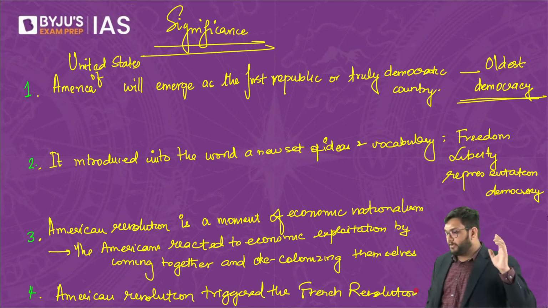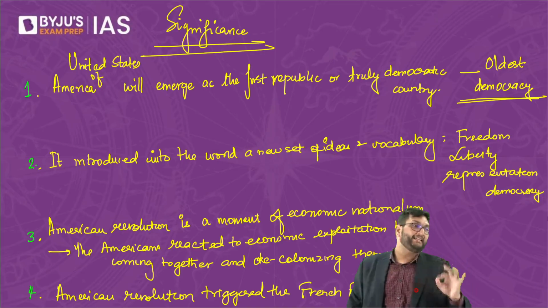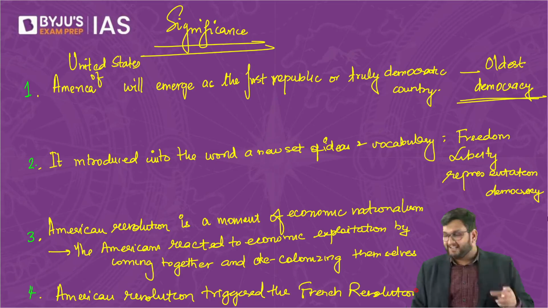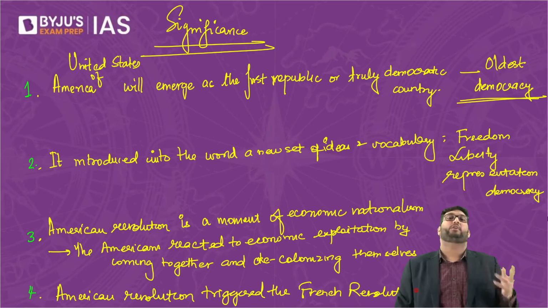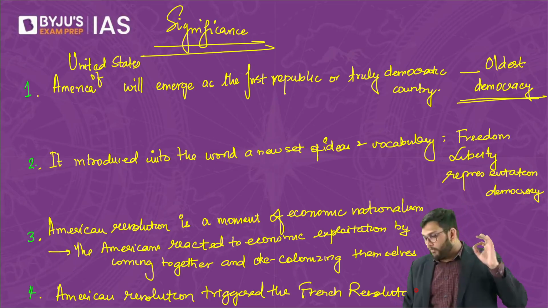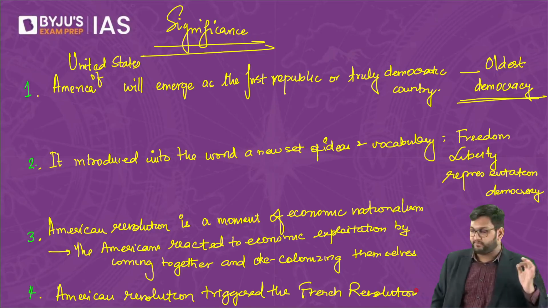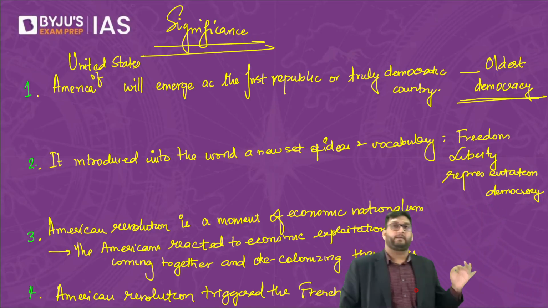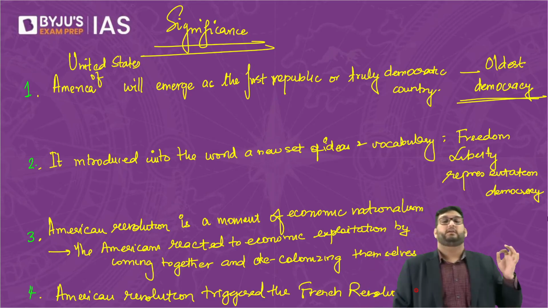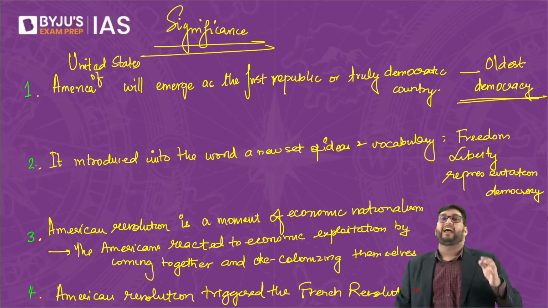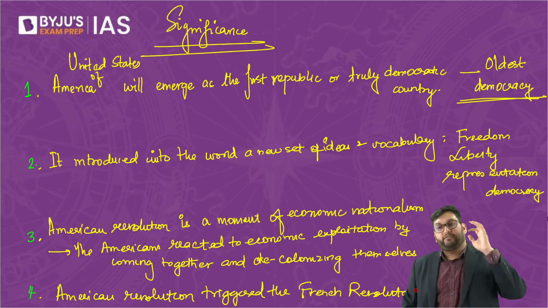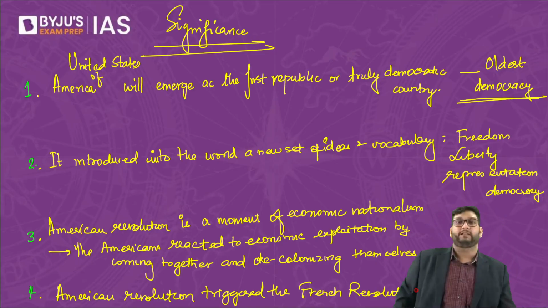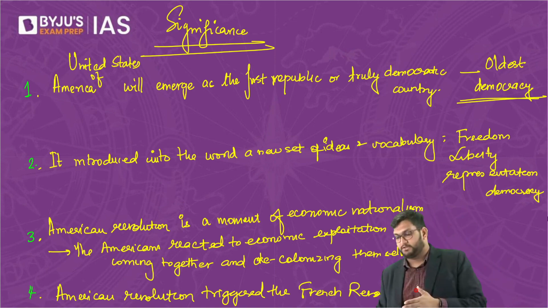And the biggest point is, why is the American Revolution important? Because guess who was paying for the war? In the war of independence which the Americans were fighting, the French were actually paying for the weapons, arms and ammunition, and the French in a way bankrupted themselves, and that became the reason for the French Revolution.